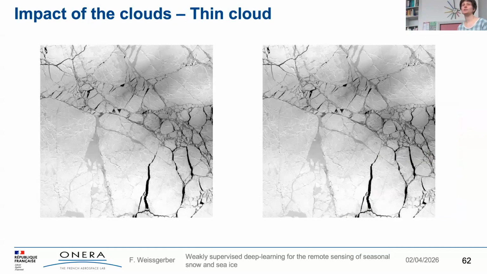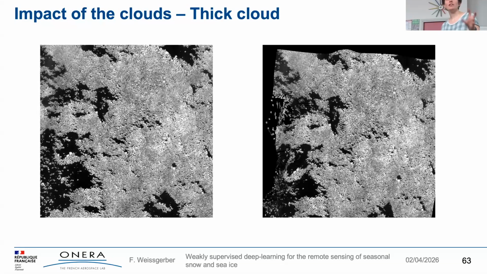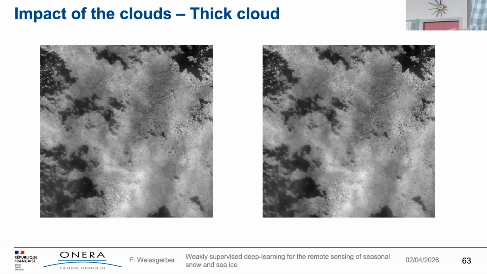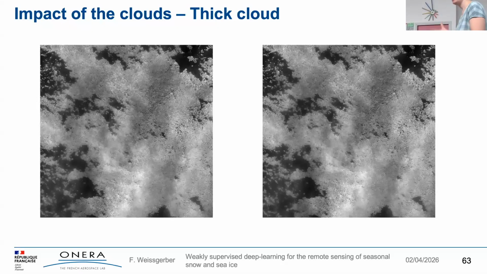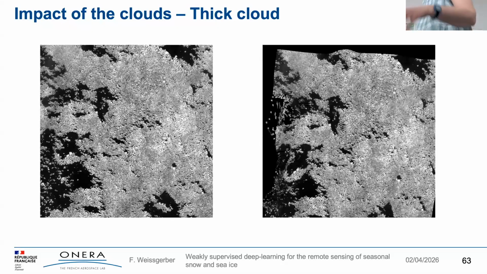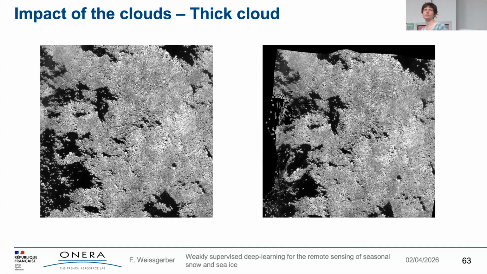And now there is again the issue of clouds. She showed that with thin clouds that just change the illumination a bit, the algorithm is robust to that. Here we have a larger cloud, but still a thin cloud. We can still see the sea ice below. Globally we still have some errors, but we can still compensate the drift quite a bit.